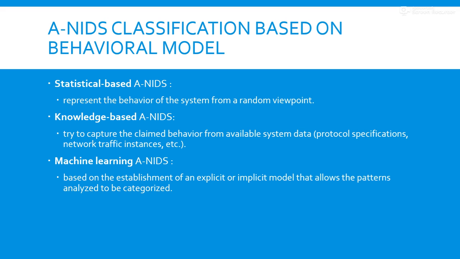Then the relationships between these inputs are used to build a matrix model after the biological neurons, such as those found in the human brain. So once a neural network is established, it can be used as a model, or you can say a definition of normal activity. And any activity that doesn't map correctly to the neural network model is considered abnormal, and an alarm is generated as a result of it.